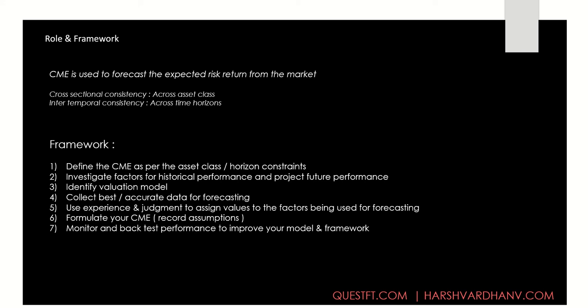And intertemporal consistency is basically across all time horizons, like whatever is your perceived investment returns and perceived investment risk, it should be consistent across all time horizons. Basically it means in the short term and the long term you should have consistency in your investment approach. So that is one of the things that is expected on constructing a proper asset allocation based portfolio.